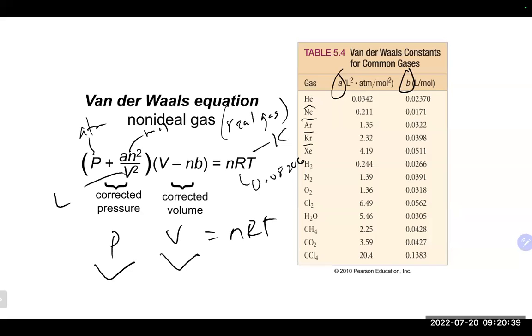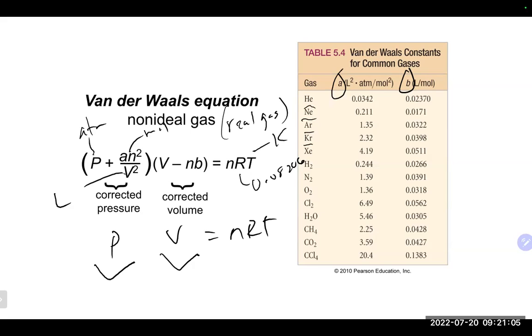Depending on the gas you're dealing with, you will have different a and b values. Depending on the table you look it up in, watch out for units. Sometimes the van der Waals constants have weird units, so make sure you get everything into liters and atmospheres and so on.